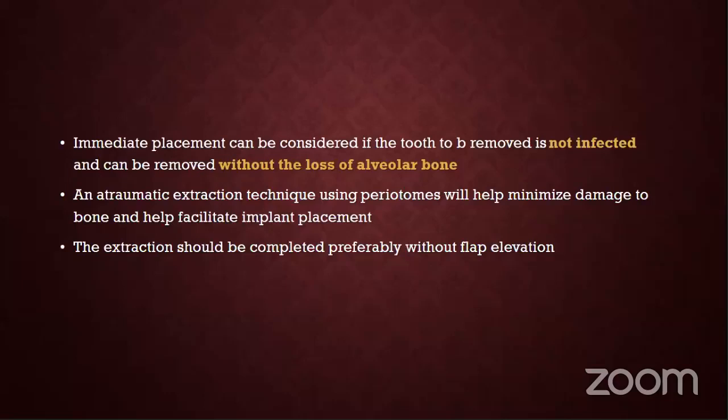Atraumatic extraction technique is very, very important in this procedure. Using a periotome will help us minimize damage to bone and facilitate implant placement. And we try to extract the tooth without any elevation of flaps.